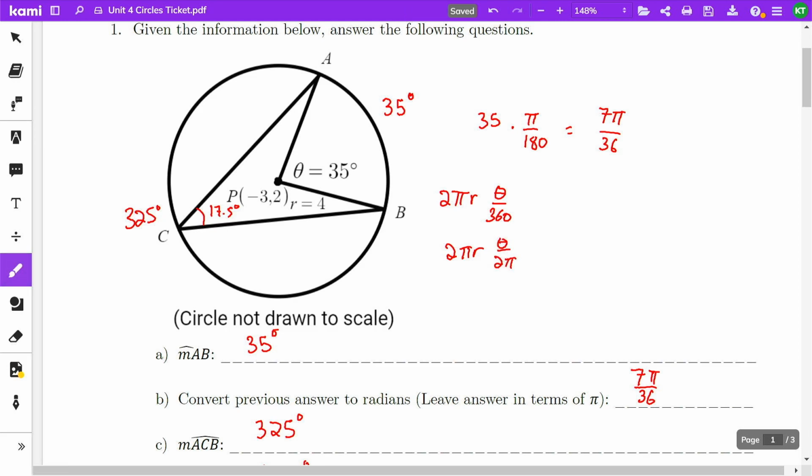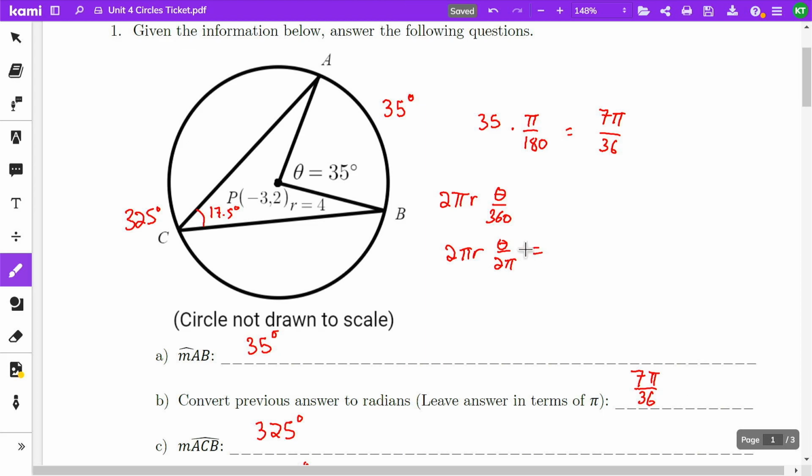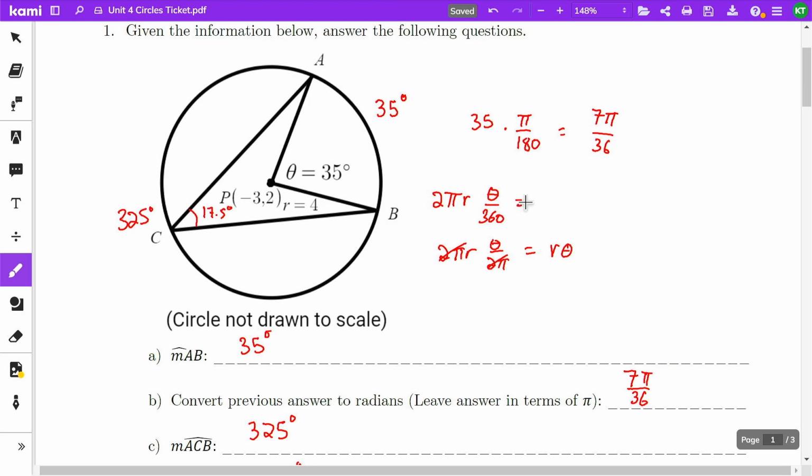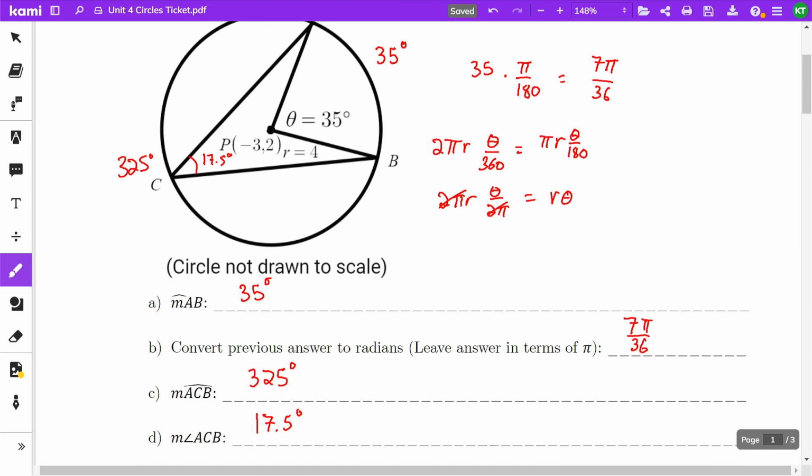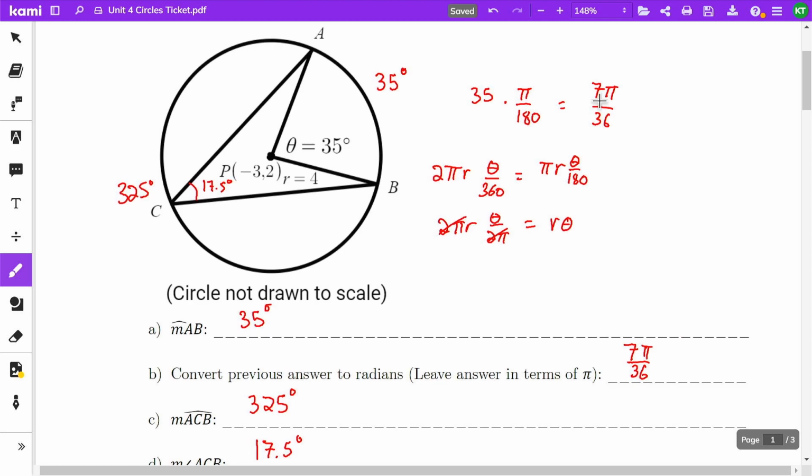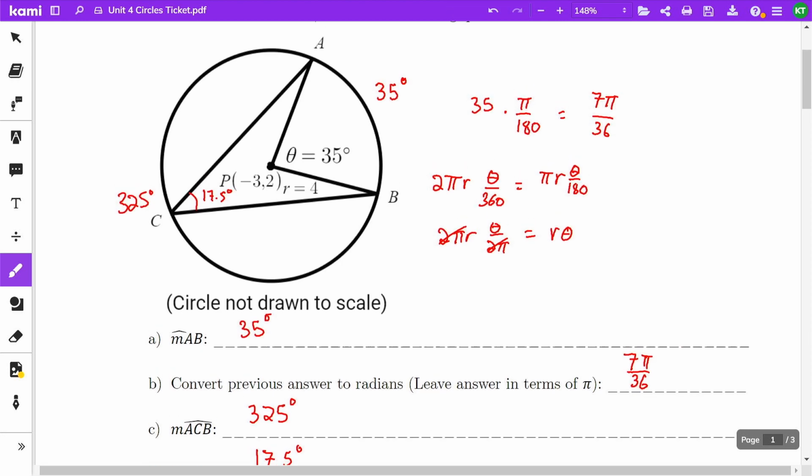Now, when I simplify these in radians, this will simplify all the way down to just r theta, which I believe is a lot easier to solve for than doing pi r theta over 180, which is the simplified version for degrees. So r, which we already know is 4, times theta, which is 7 pi over 36.